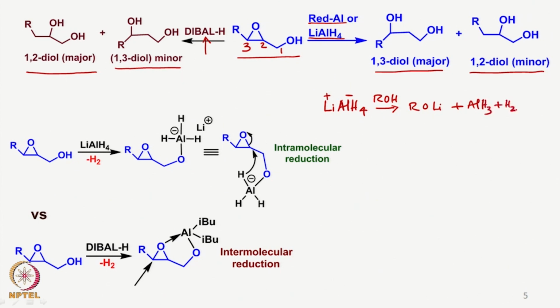The same thing happens even in this case, hydrogen comes off, and now this species can interact with the AlH3 which is released here and can form the corresponding negatively charged species with lithium plus. So this is exactly what is here, but this is coming from the epoxy alcohol.